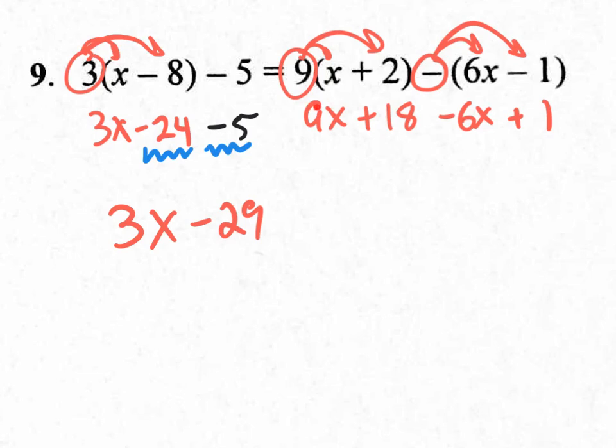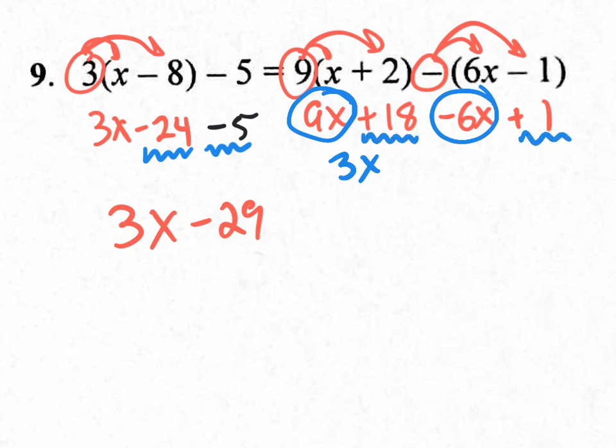So now I have 1, 2, 3, 4 terms. And out of those 4 terms, I could combine the x's, the 9x and the minus 6x. Now what is 9x minus 6x? Yes, 3x. And now how about the 18 plus 1?